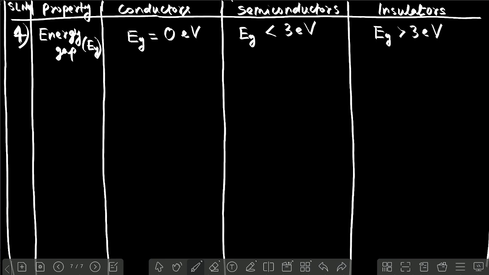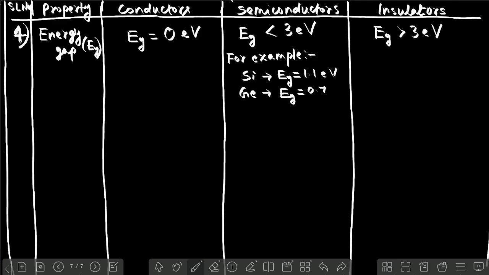And here, for example, you will write for silicon, the energy gap will be around 1.1 electron volt, and germanium, if you check the semiconductor material, it is around 0.7 electron volt.